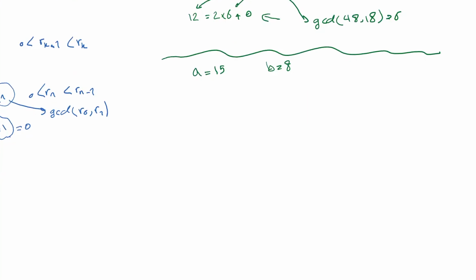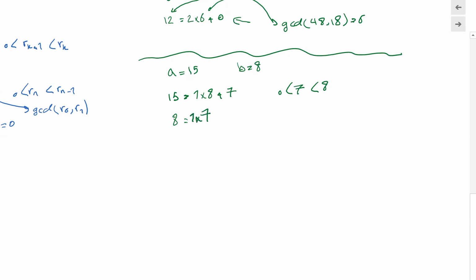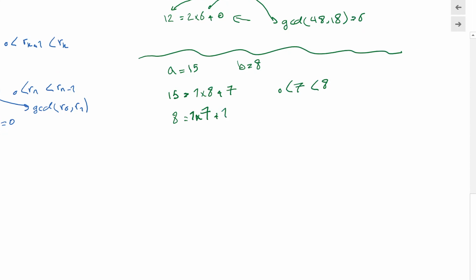So let's see what happens. I can say that 15 equals 1 times 8 plus 7, where 7 is greater than 0 and less than 8. And then I can say that 8 equals 1 times 7 plus 1, right?